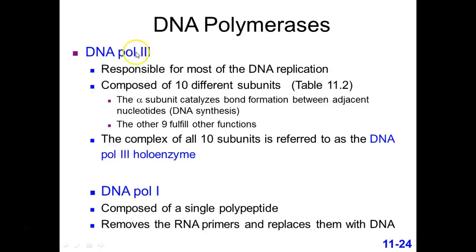So polymerase 3 is actually made of 10 different subunits. It's a really large protein complex that makes up that whole enzyme, whereas DNA polymerase 1 is a single polypeptide, right? A whole big long string of amino acids that folds back on itself and forms its globular structure.